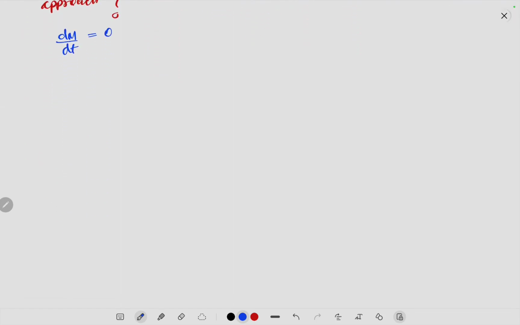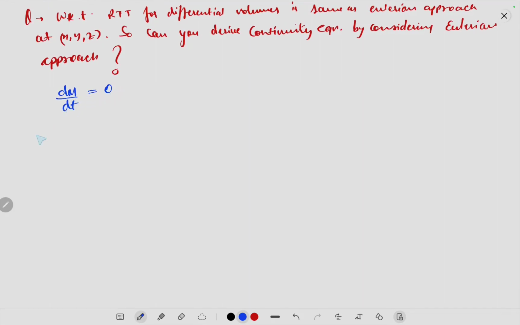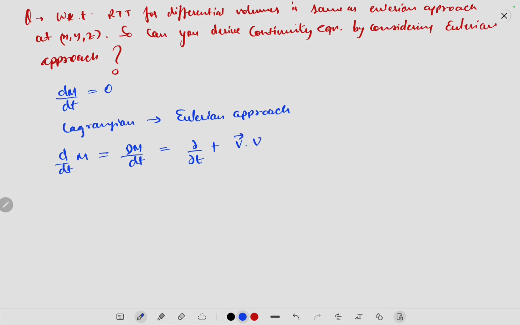Okay, so if d by dt of m is 0, then using the concept of Lagrangian to Eulerian approach, I can write this material derivative d by dt m, which can also be written like this, and in the Eulerian approach this can be written like this: del by del t plus v dot divergence m.